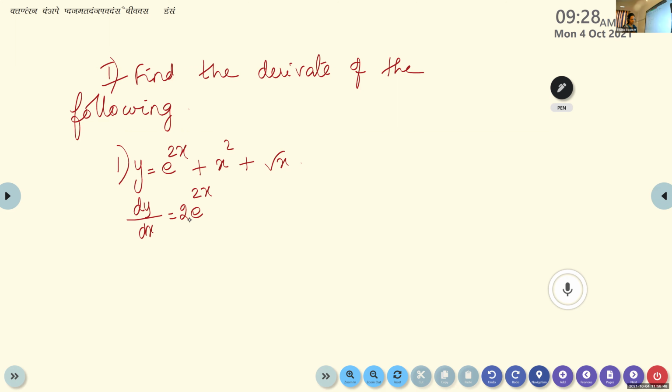What is the coefficient of x? That one we should put in the front, isn't it? We have to multiply. Function of function rule. e raised to 2x into 2 plus x square, if you differentiate it, 2x, plus root x, if you differentiate this, 1 by 2 root x.